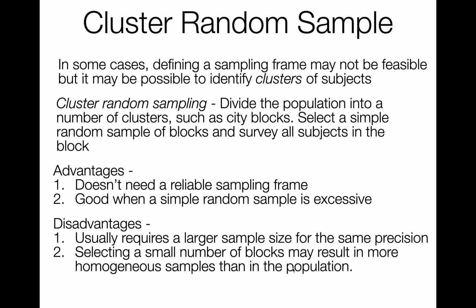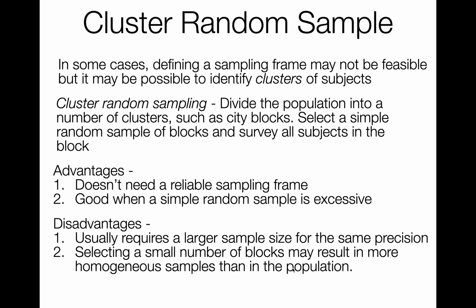But if I only sample 3 blocks and they turn out to be from all one neighborhood, then that's likely not going to represent the whole city's opinions, because especially in somewhere like New York City, there's a lot of people, and different neighborhoods probably vary differently on how they view some subject.